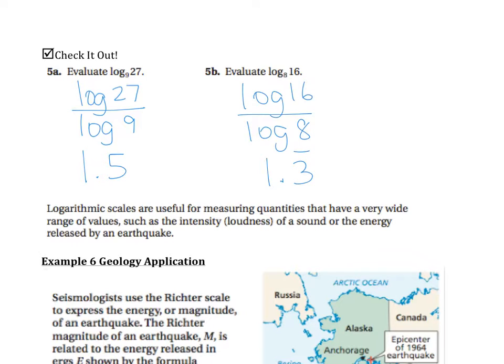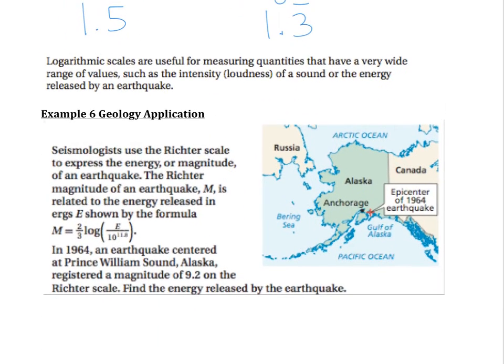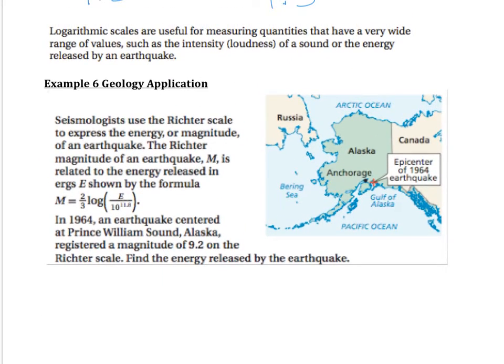And that takes care of the easier stuff. The application is a little bit more challenging, okay? We are going to use a formula. It's going to be a little bit more difficult, so just bear with me. So we have the Richter scale. We use that to express energy or magnitude of an earthquake.